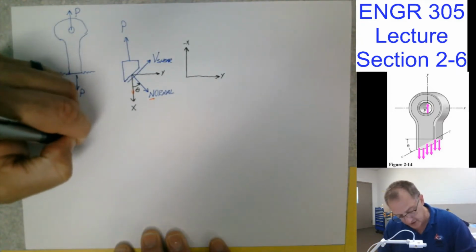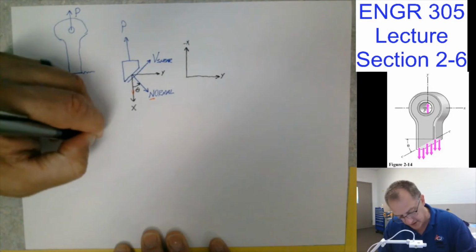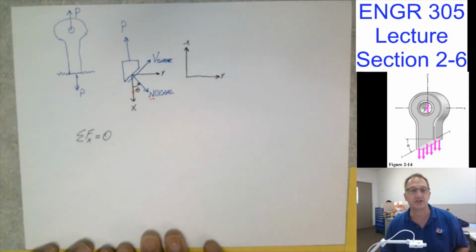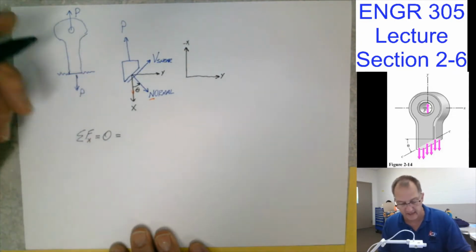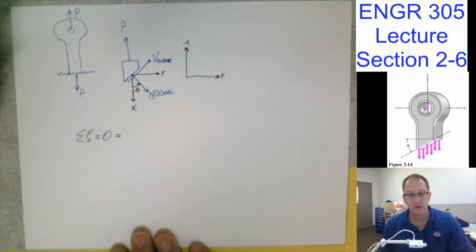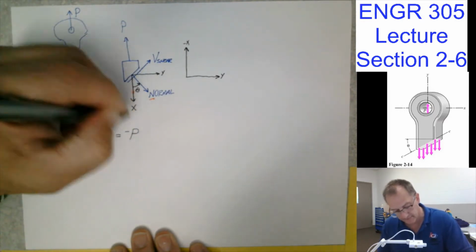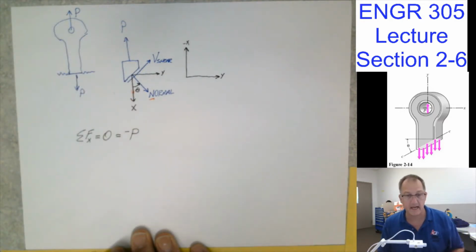I can look at the sum of the forces in the x direction equal to 0. Well, in the x direction, I've got P acting in the wrong way. Oh, it's a minus P. It's acting in the negative direction.